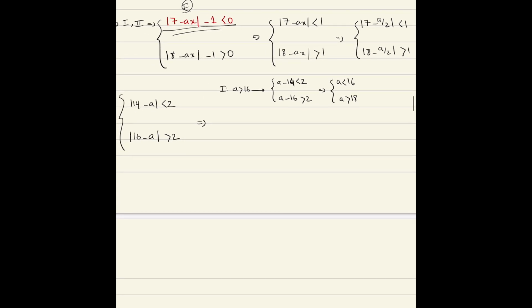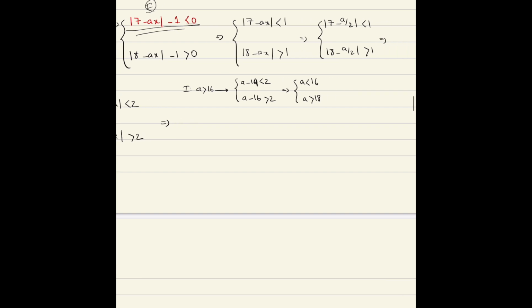So it will be like 18 less than a less than 16. We do not have any a's for that.